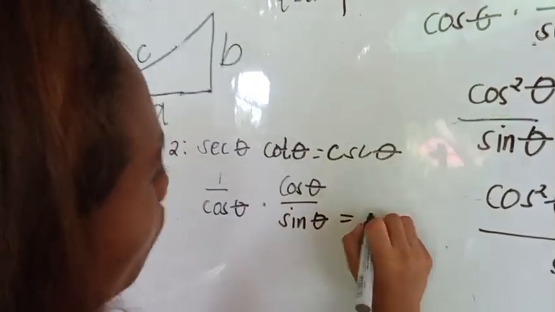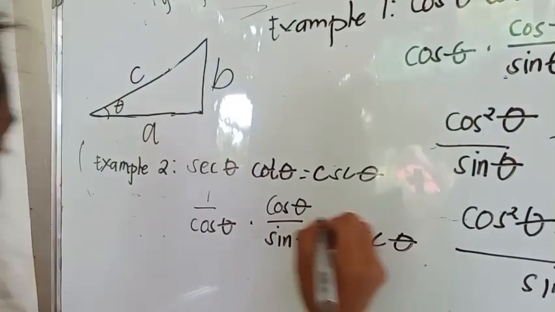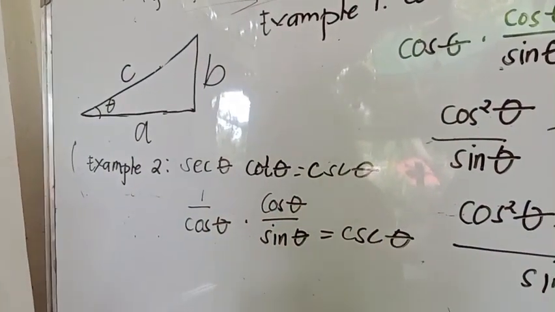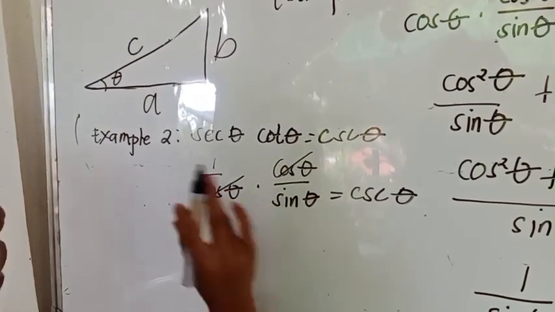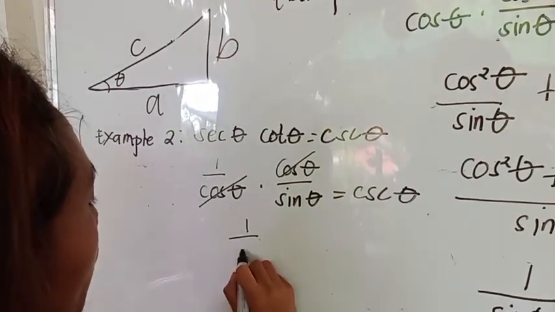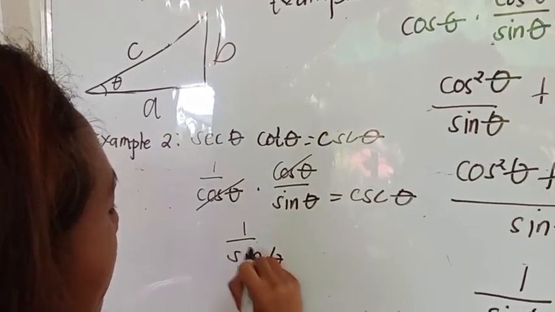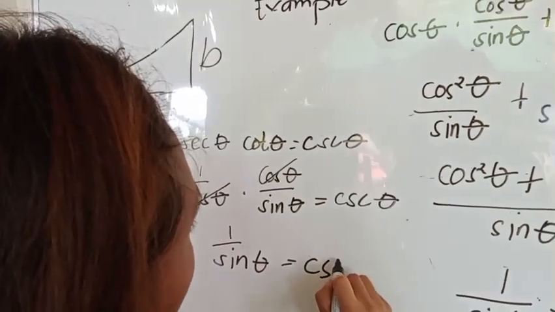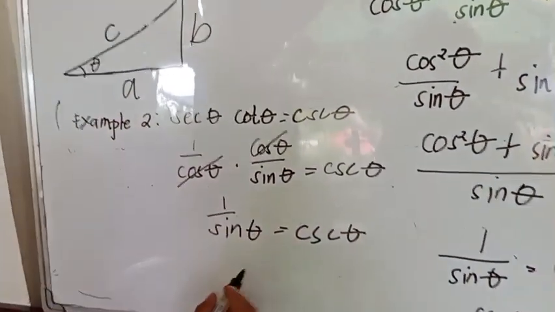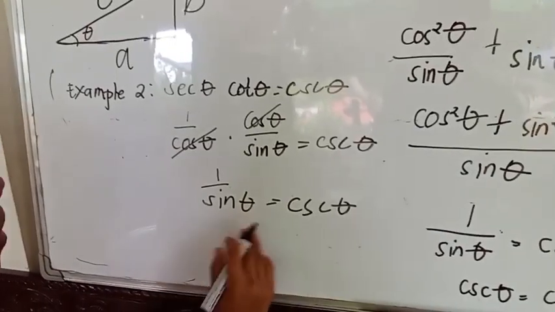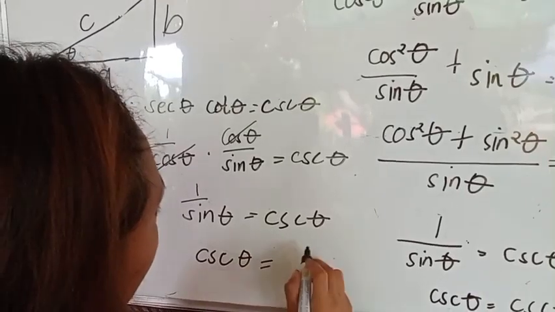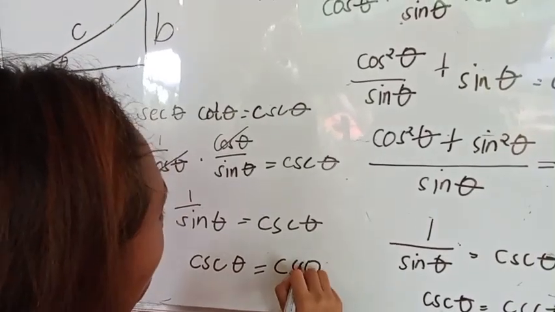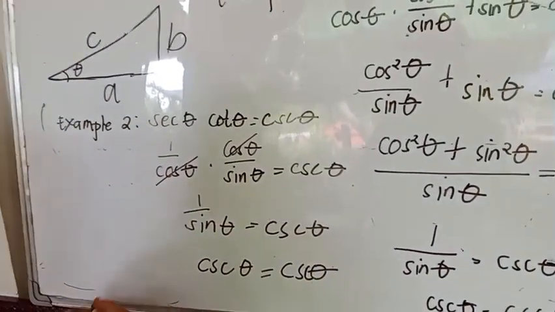Cancel out the cosine theta, which leaves us 1 over sine theta, and the reciprocal of 1 over sine theta is cosecant theta. And this is it. We proved example number 2.